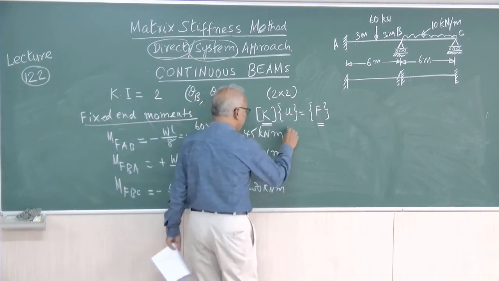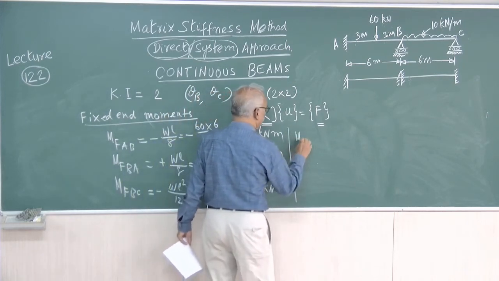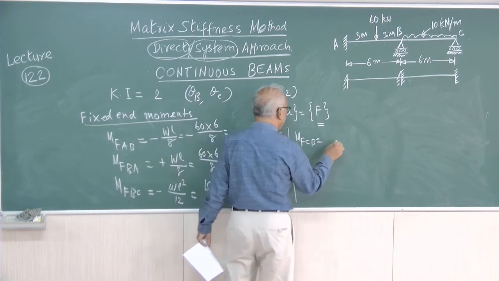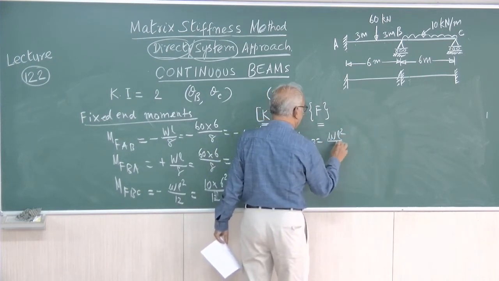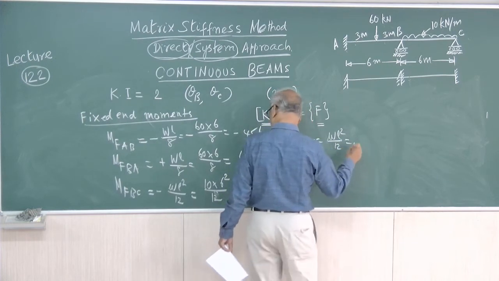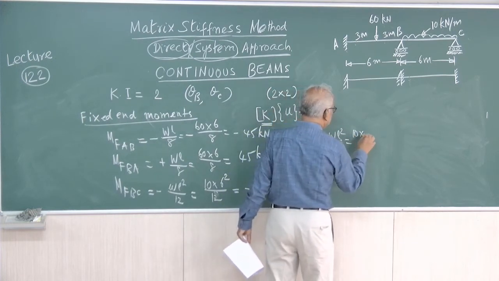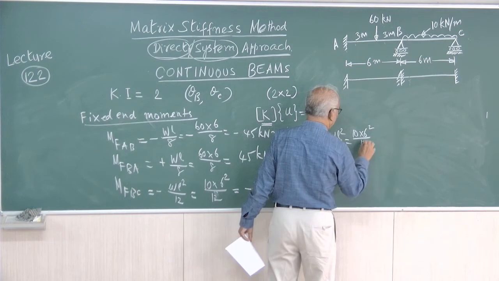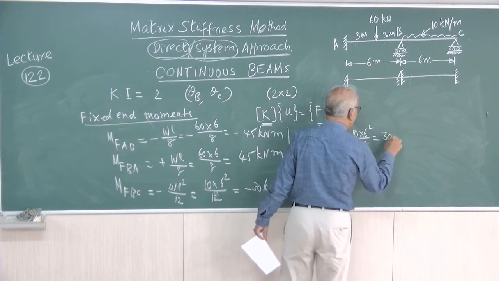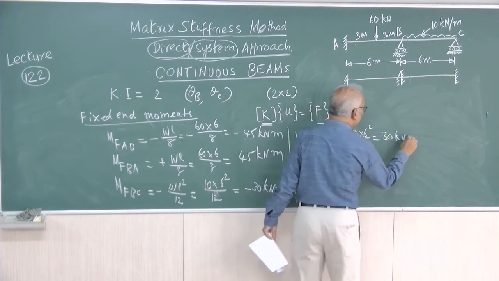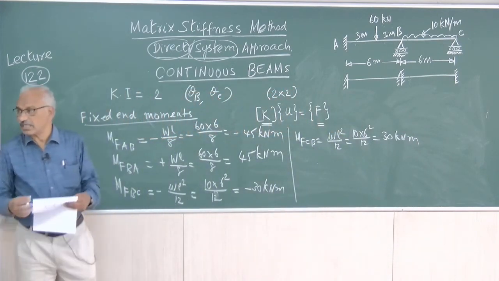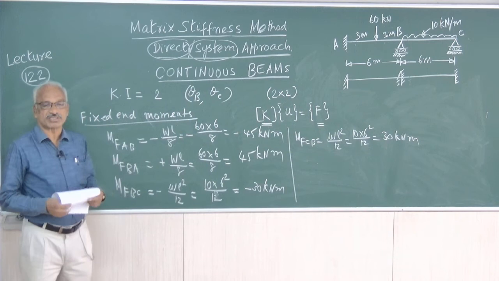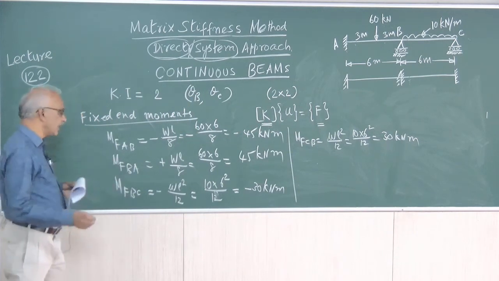And M of CB equal to WL square by 12, equal to 10 into 6 square by 12, equal to 30 kilonewton meter. That's about the fixed end moments for the spans AB and BC.